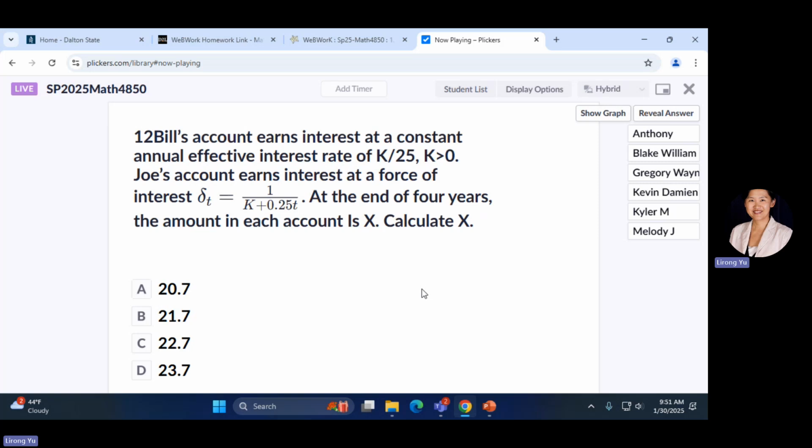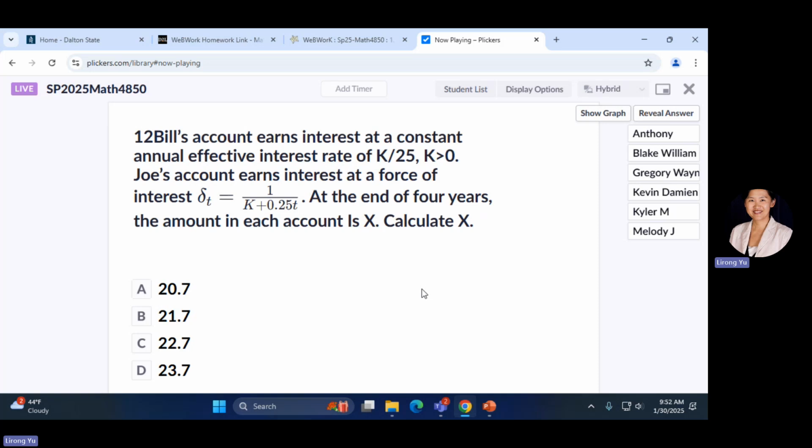So that changes the integration to the integral of 1 over u after the substitution. dr will be 4 times du. The integration will be 4 times the natural log of the absolute value of u, where u equals K plus 0.25 r.